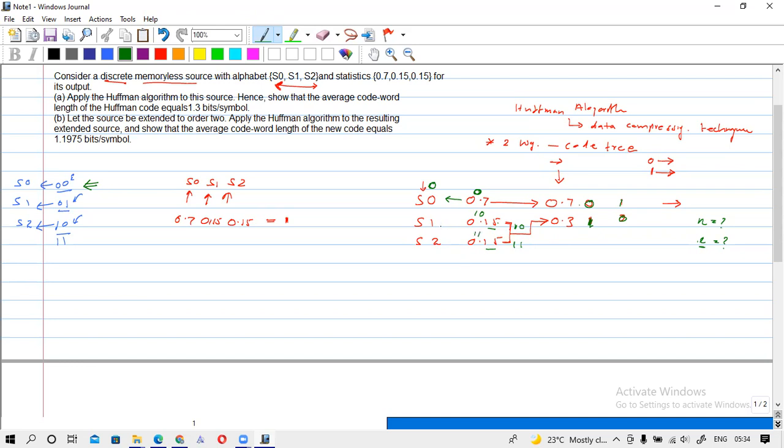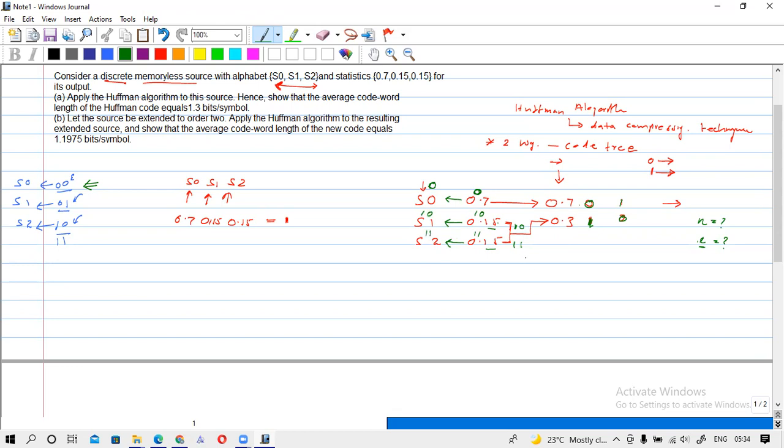So this probability is directly related with the S1 symbol, and this probability is directly related with the S2 symbol. So I can assign 1 0 and 1 1 for these two symbols.